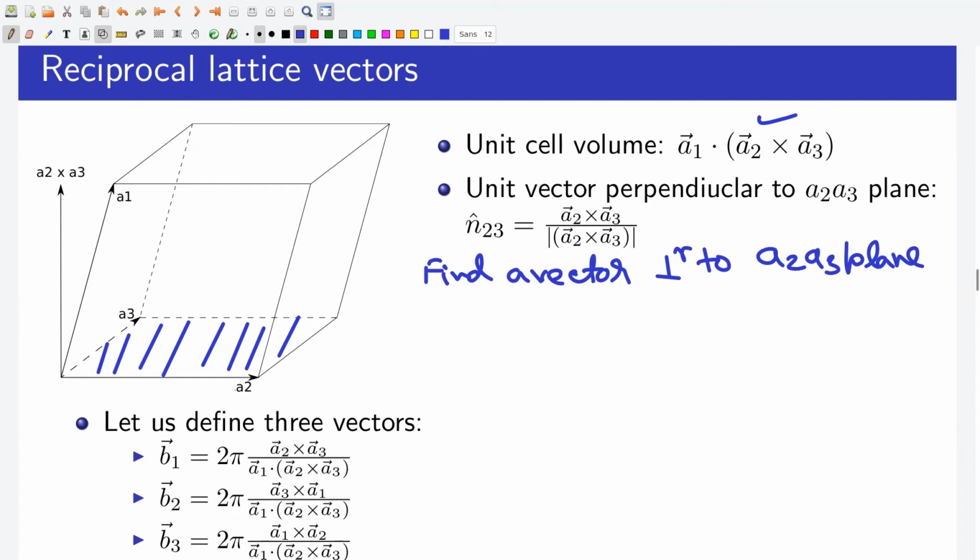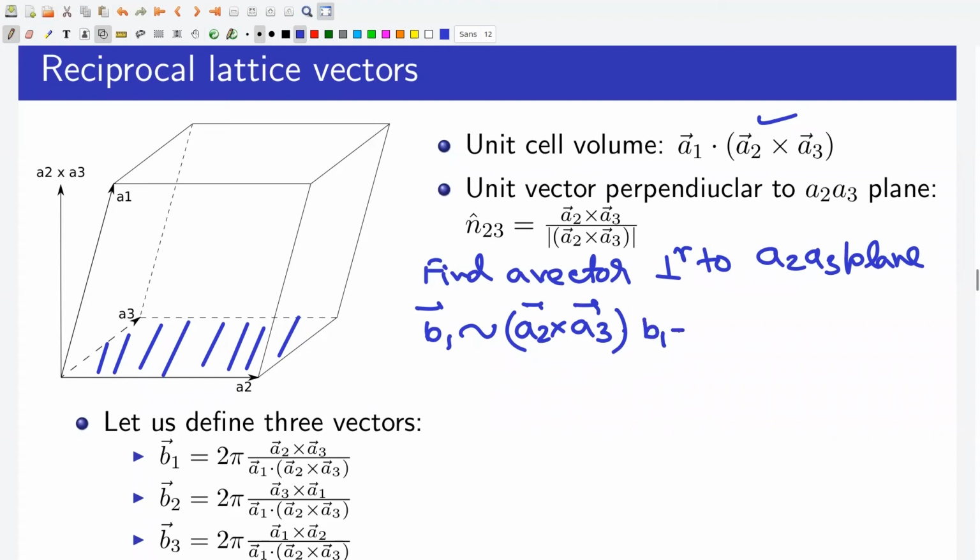We know that if we take a cross product of these two vectors, A2 and A3, that will be perpendicular to the A2, A3 plane. So let us do that. The vector is given by A2 cross A3, and this is the vector perpendicular to this plane.